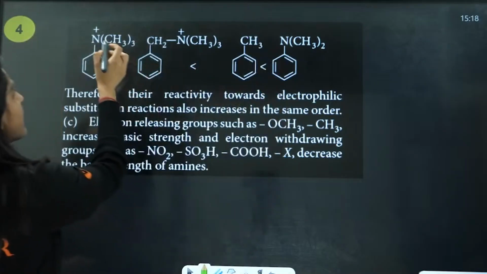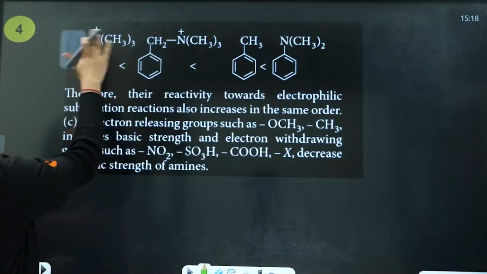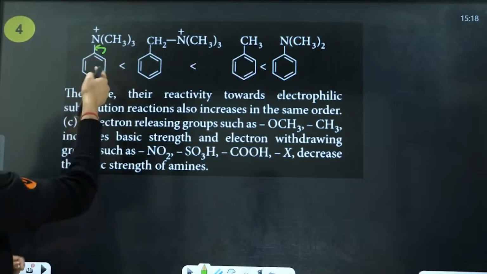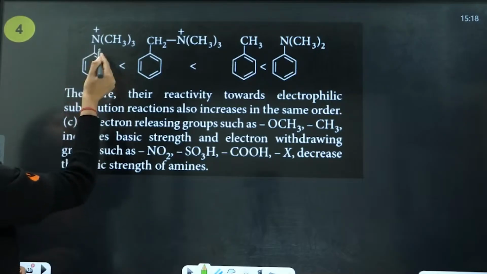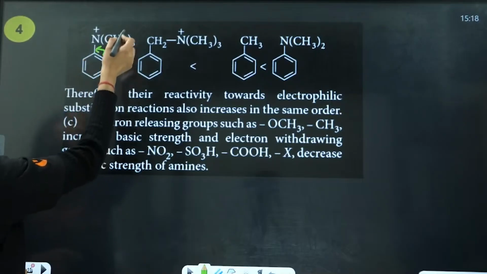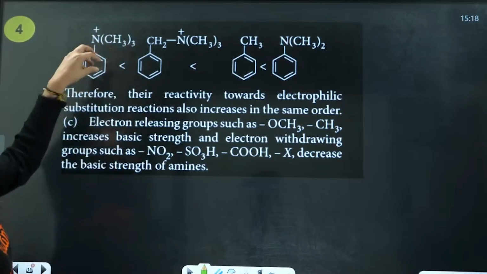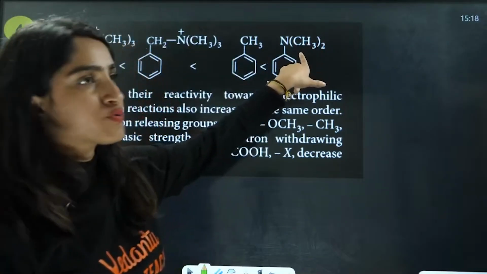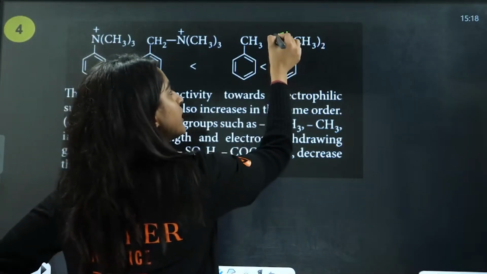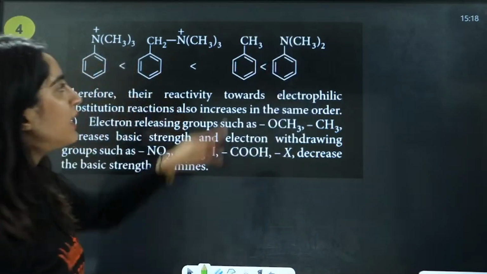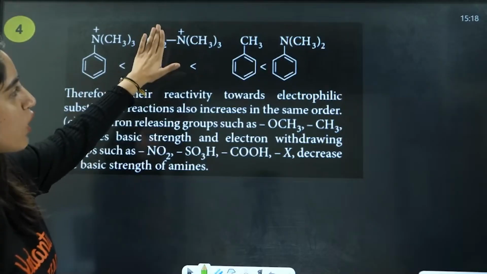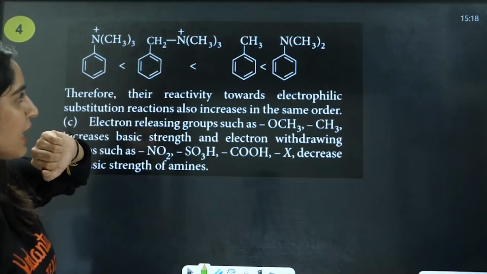Here it is involved in the resonance. It is taking away the electrons from this one, and from this one, from 3 this one. And here it is taking away the electrons from 2, and here it is involved in the resonance. And here it is not involved in any resonance.